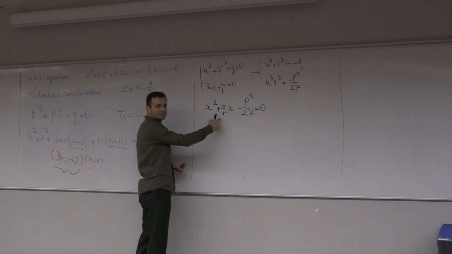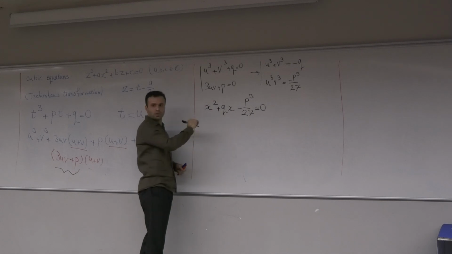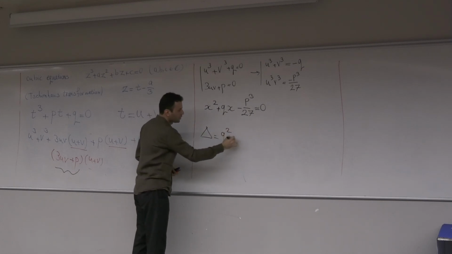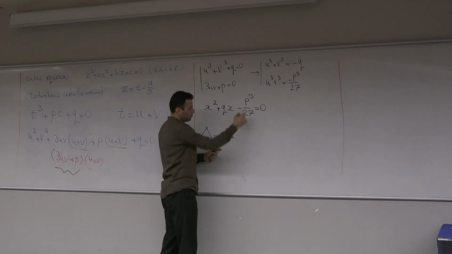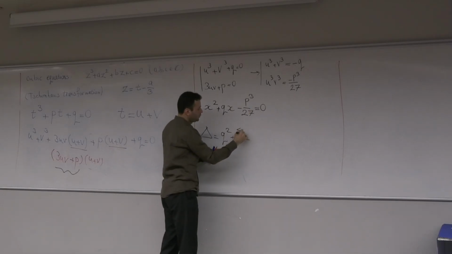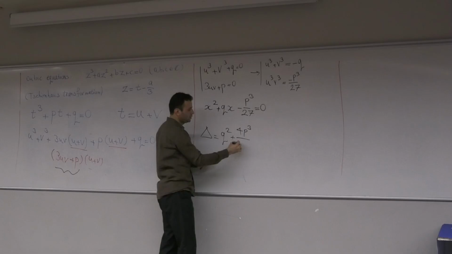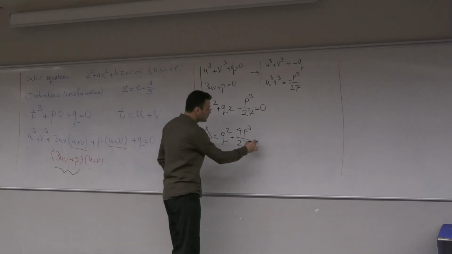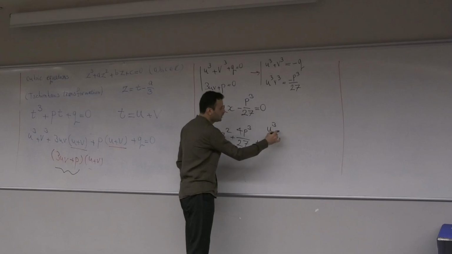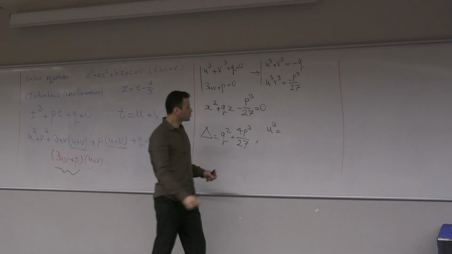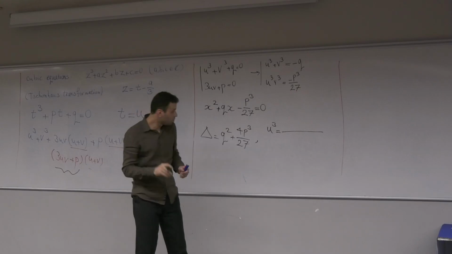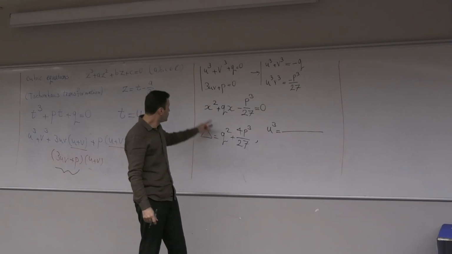First of all, what is our delta here for this quadratic equation? q squared plus 4 times p to the power of 3 divided by 27, right? So what is our u to the power of 3? No, it is going to be negative, not positive.